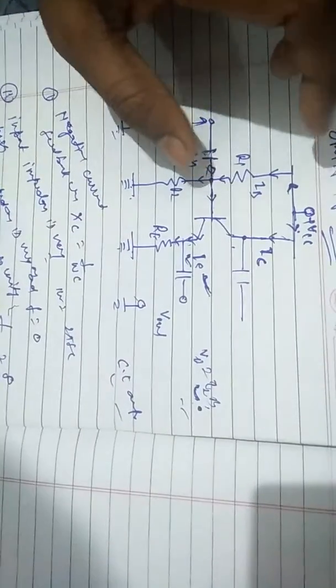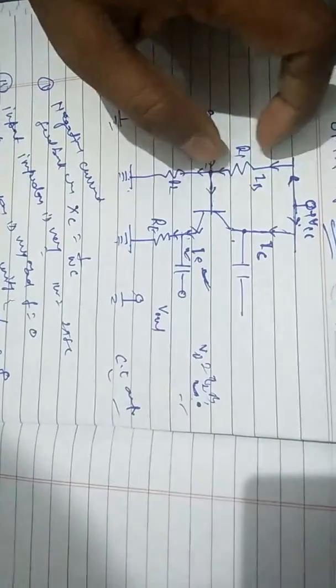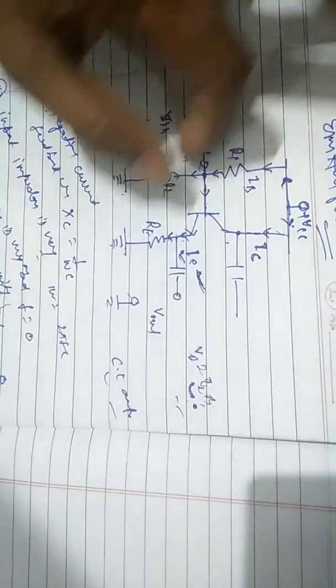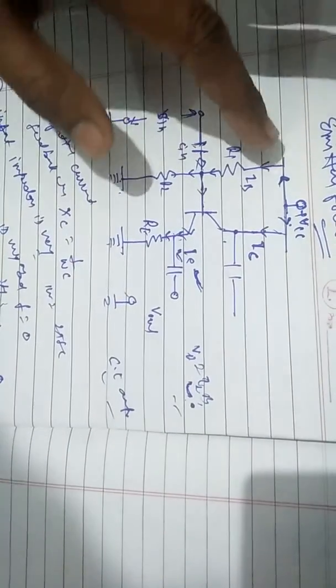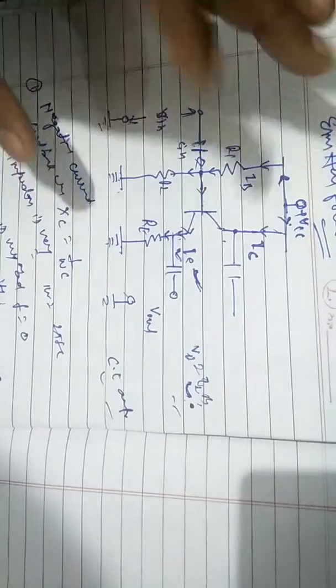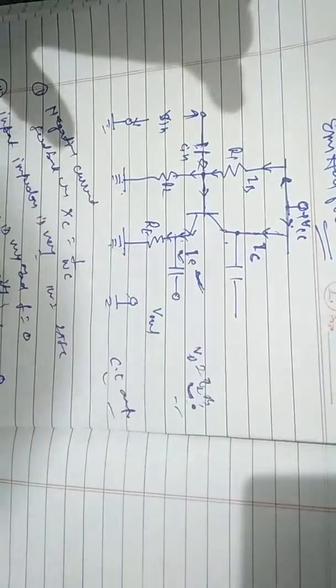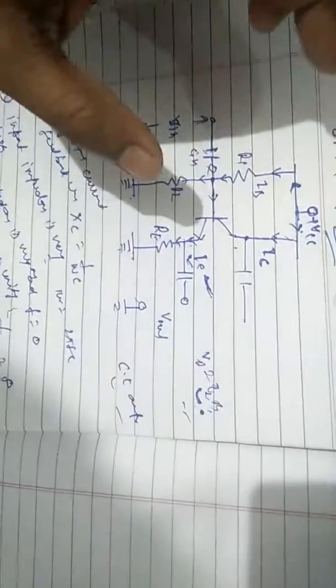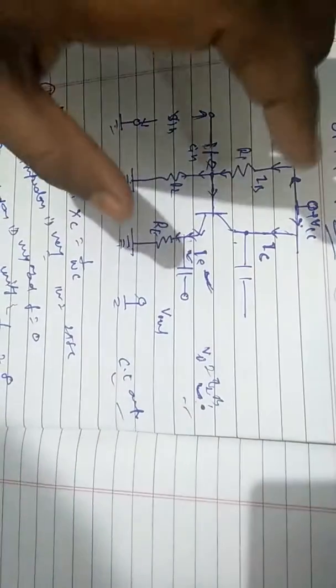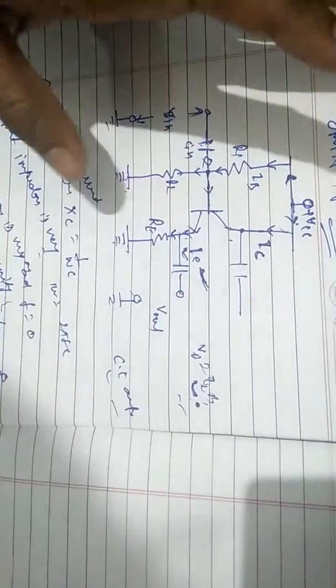And base resistor method, because in base resistor method we use a resistance in base, here we also see that resistance is used in the base, so we can say that biasing is done for emitter follower by voltage divider bias and base resistor method.